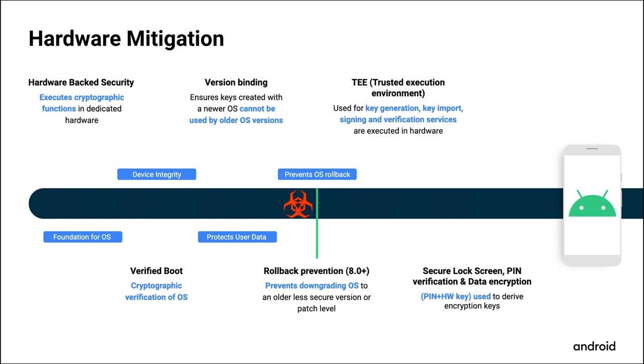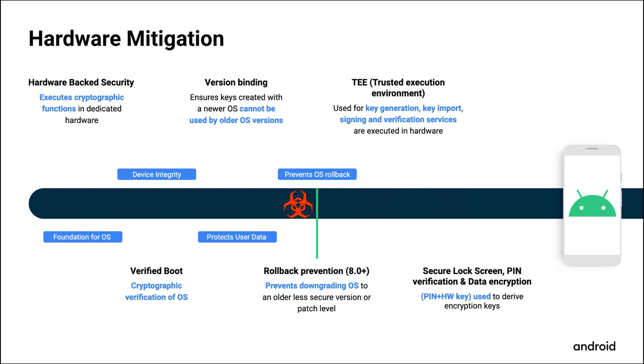And by the way, up to this point, in order to break through verified boot and version binding and rollback prevention to get to user data or the user partition on an Android device, in most cases, the bootloader needs to be unlocked. And part of the system protection is that when a bootloader is unlocked, the user partition is wiped.